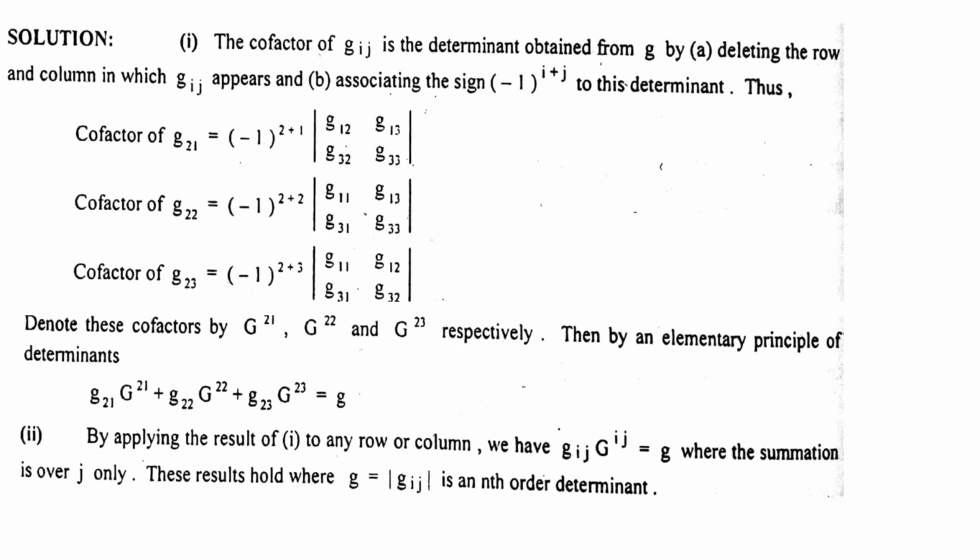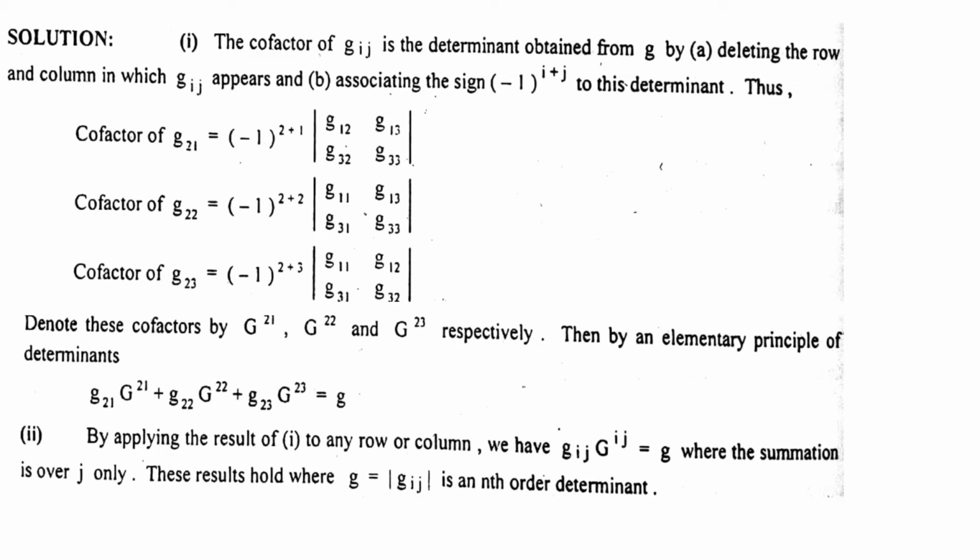If we denote these cofactors by capital G21, G22, G23 respectively, we just assign the names: the first cofactor is G21, the second is G22 and the third is G23.